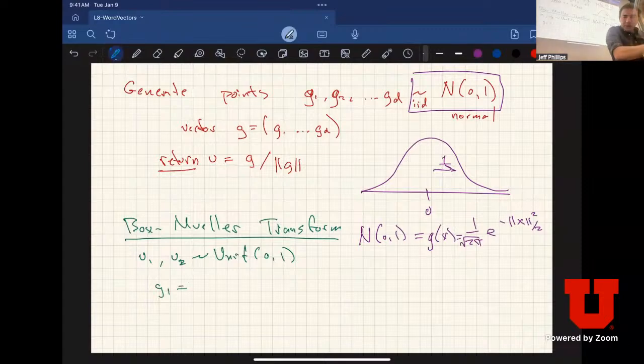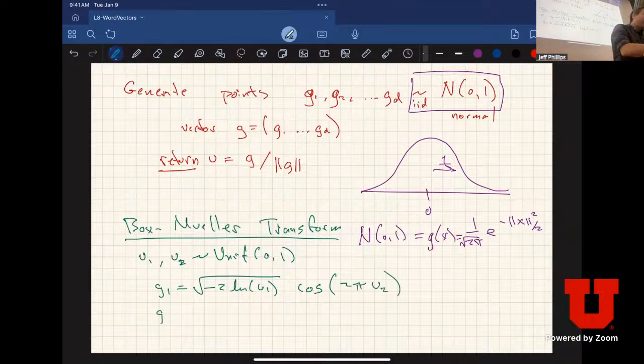G1 is going to be equal to, I need to look this up, the square root of negative 2 times the natural log of U1, times the cosine of 2 pi U2, and G2 is going to be the square root of negative 2 natural log of U1, times sine of 2 pi U2.